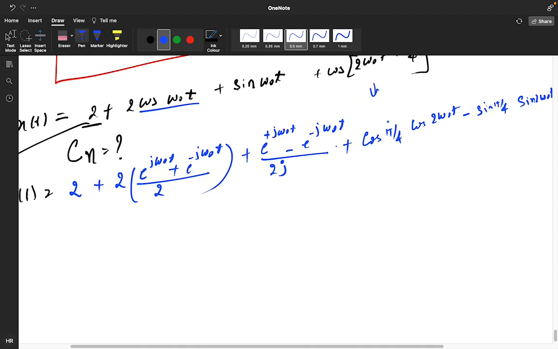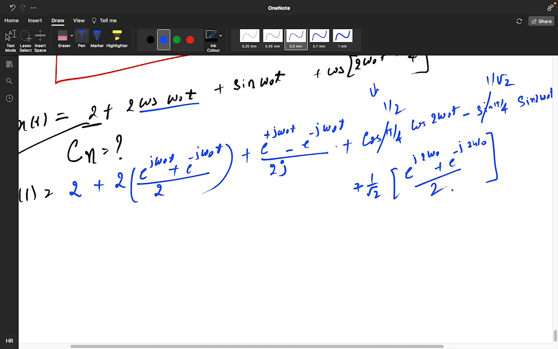Cos pi by 4 is 1 by root 2, sin pi by 4 is 1 by root 2. So 1 by root 2 is common, and write it in the form of e power j 2 omega naught t plus e power minus j 2 omega naught t divided by 2.